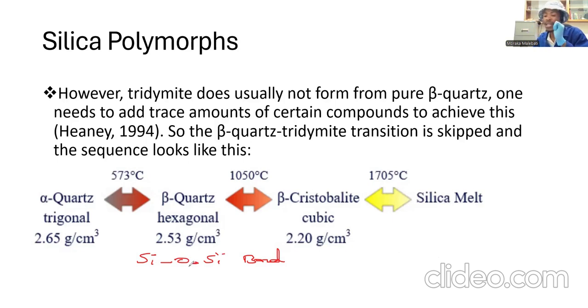Okay, so this bond is crucial in minerals such as quartz, because we know that in quartz we've got a repeating silicon tetrahedron. Now, these silicon tetrahedra are linked by this bond.